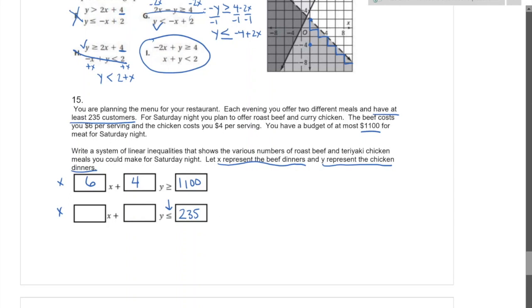The beef costs $6 per serving, and the chicken costs $4, and the most you can serve is 1,100. Okay? This right here is just going to be 1x plus 1y equals 235. Because we don't know how many guests we're going to have, and we don't know how many y guests are going to eat the chicken or the dinners, but the most we can have is 235.